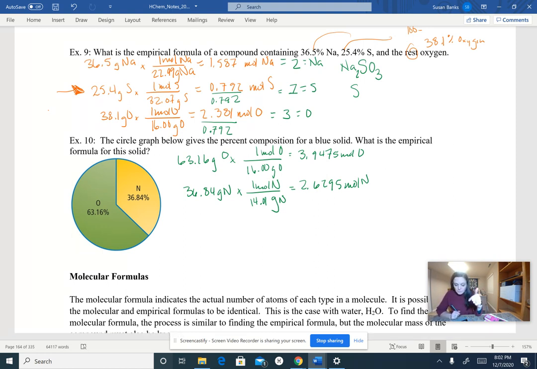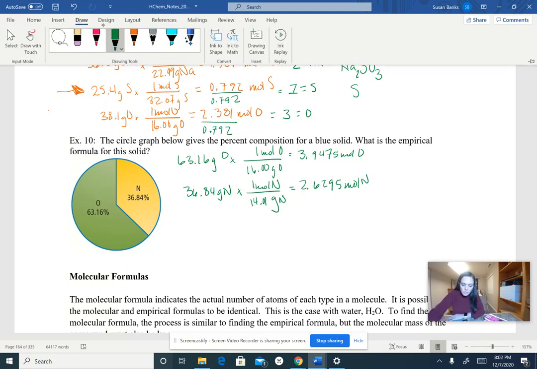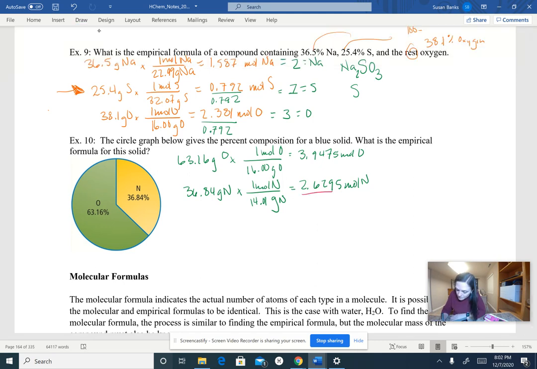Now, do you guys remember what the next step is? That next step is to find our ratio by dividing by our least amount of moles. Which one's smaller? Nitrogen's smaller. So we are going to divide by the amount of moles that we have for nitrogen. So anything divided by itself is going to be 1.